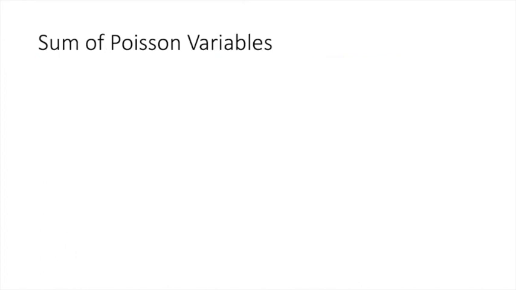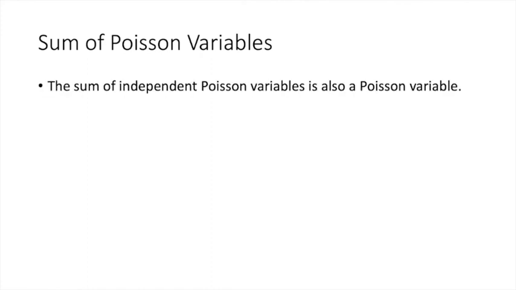Finally, we shall wrap up this lecture by mentioning a property of Poisson distributed random variables. That property is that if you have two Poisson distributed random variables, then their sum is also a Poisson variable.